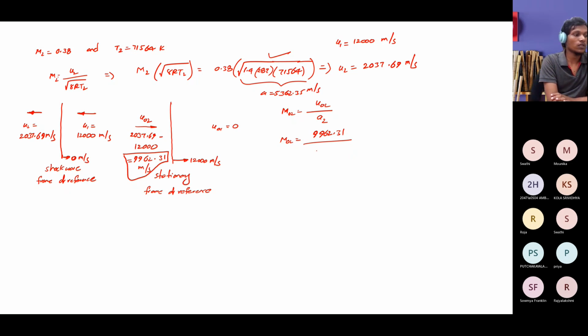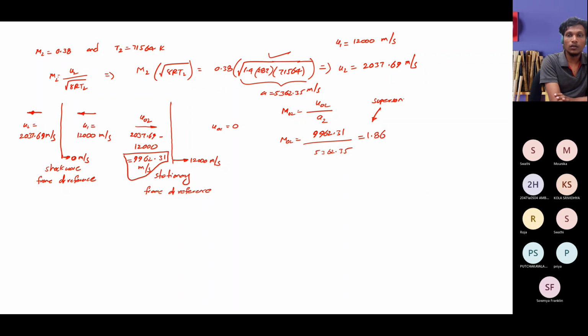Upon dividing the flow velocity by the sound velocity, we get the value 1.86. That is M02 with respect to the stationary frame of reference. The Mach number is 1.86. That is supersonic.